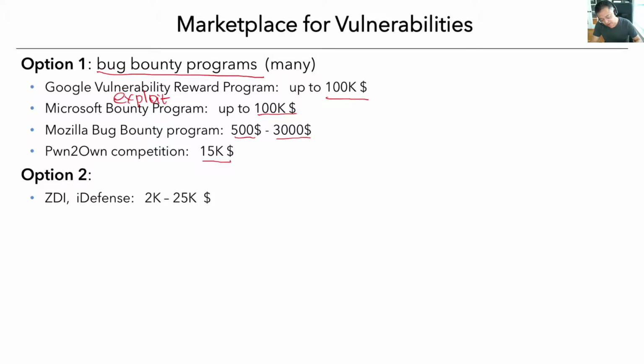So Pwn2Own is a hacking competition. Basically, they have a number of fully patched computers. Okay, if you can demonstrate you can compromise those fully patched computers, you can get a reward.